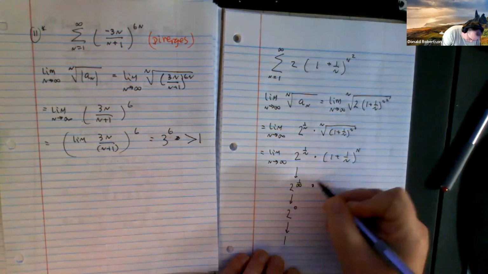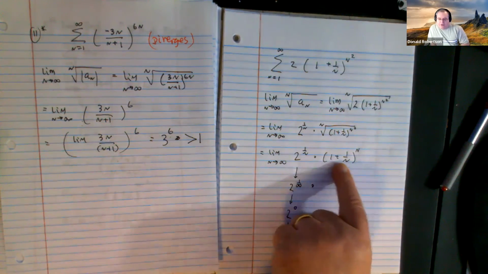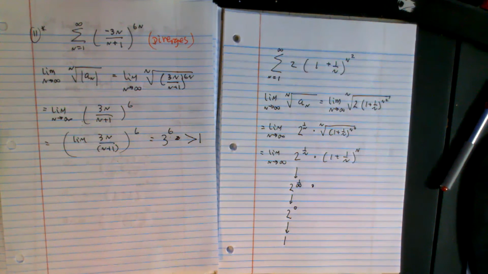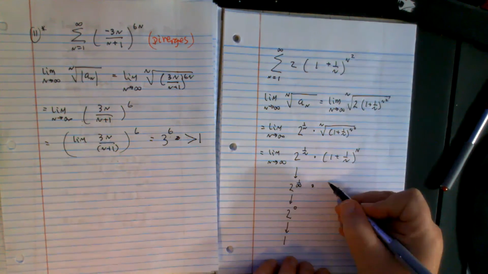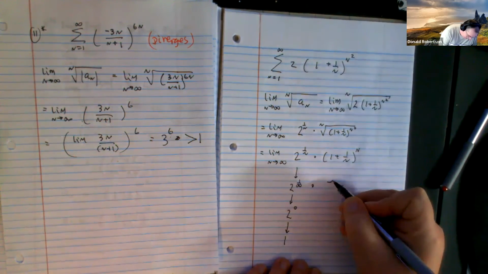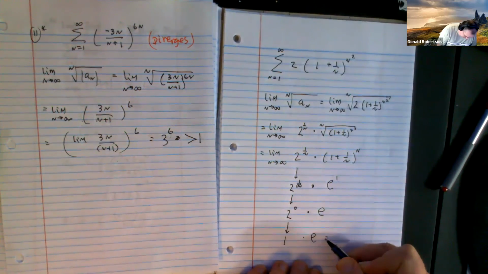And hopefully you recognize this guy. What does this guy get you when n goes infinite? e to the power of -1. -1 or +1? Oh, sorry, +1. Okay, which is just e. And isn't 1 times e just e?